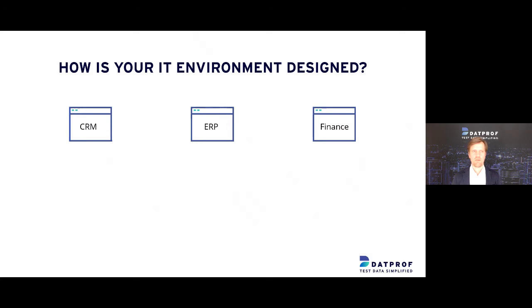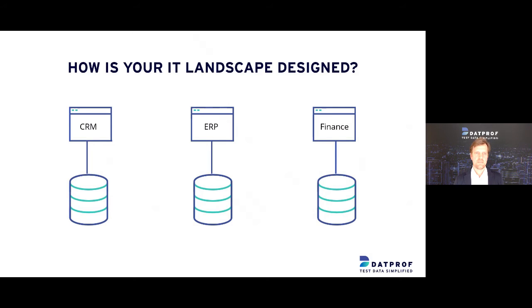In my simple example, I have three simple systems: a CRM system, an ERP system, and a finance system where we might invoice people. What's interesting, of course, is whether there are databases underneath these application systems directly. In this example, these are directly underneath the different applications, so there's a direct connection, but there isn't any connection in between.